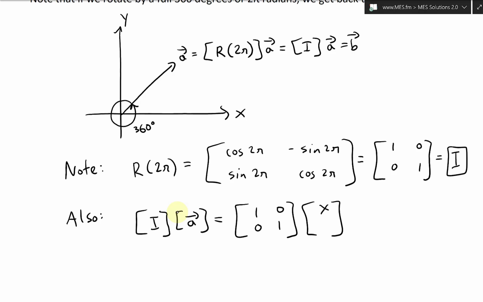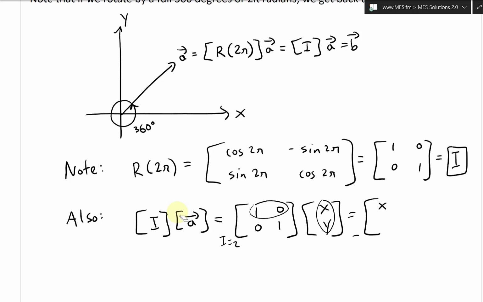We're multiplying by the identity, so this row times this column: x times 1 is just x, plus 0 times y. Here the rows are i equals 1, i equals 2, and so on, and the columns n equals 1, and so on.